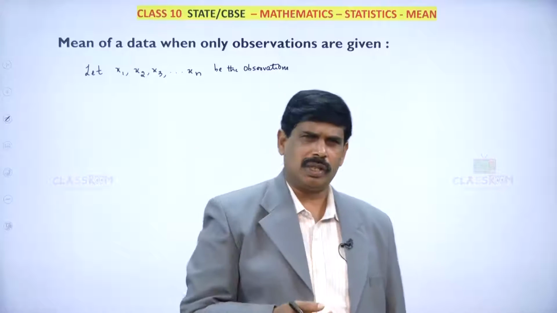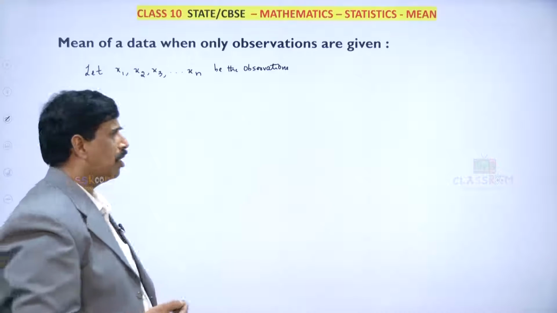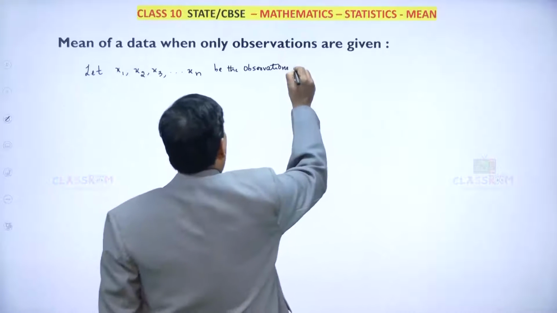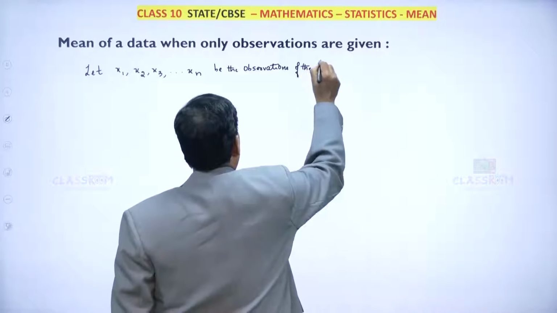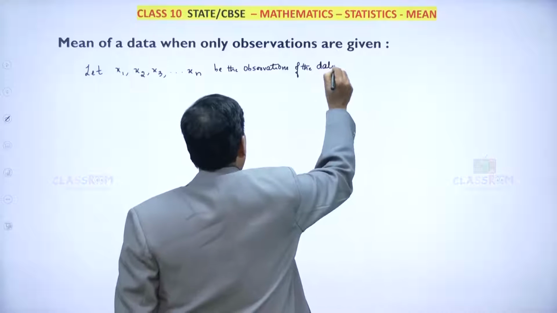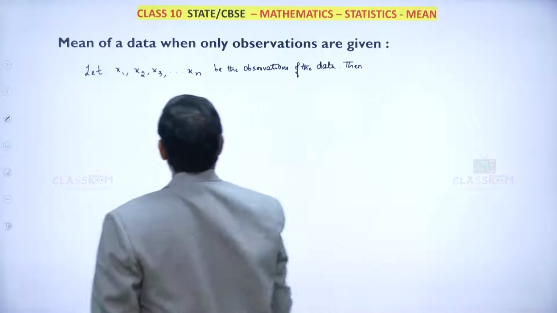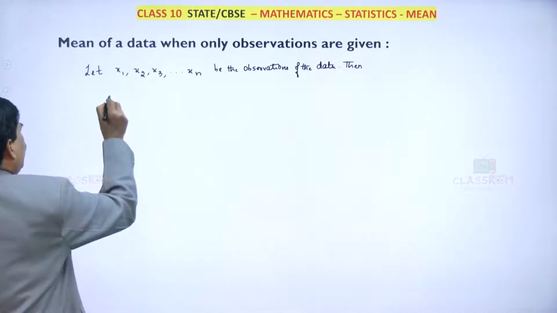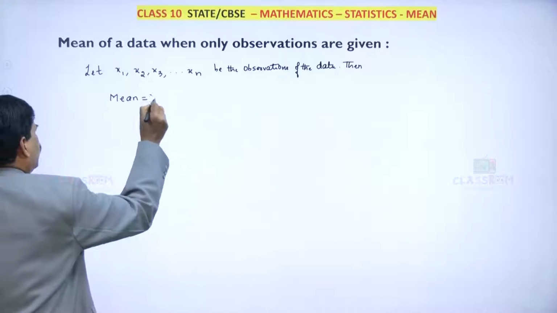Any term can be used. Let x1, x2, x3, so on, xn be the observations of the data, then mean x bar is equal to, the mean is denoted by x bar, children.